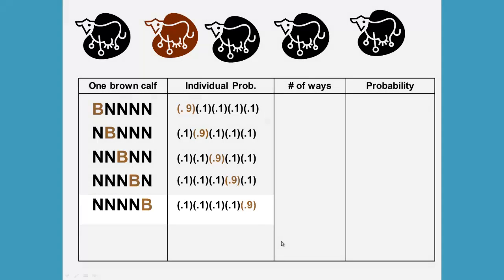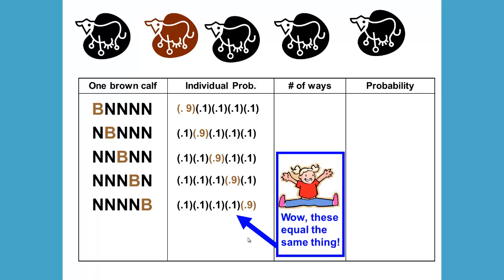If you need to, take a minute to stop and look at that and see how we're getting the individual probabilities. The probability of being brown is 0.9. The probability of being not brown is 0.1. So you should see where all those probabilities are coming from. Notice that these will all equal the same thing.